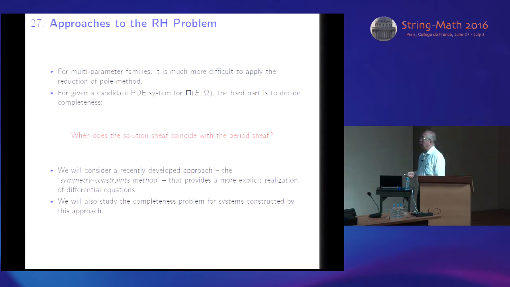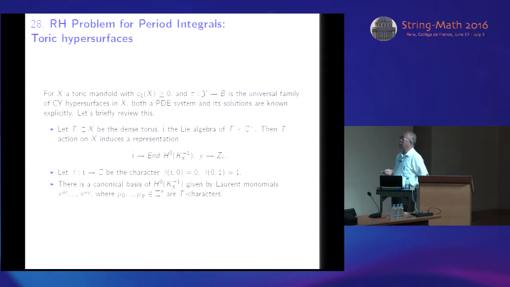So we developed in the last few years an approach largely based on the symmetry constraint method that provides a more explicit realization of the differential equations. We also studied the completeness problem associated to such an approach, which we shall discuss now.